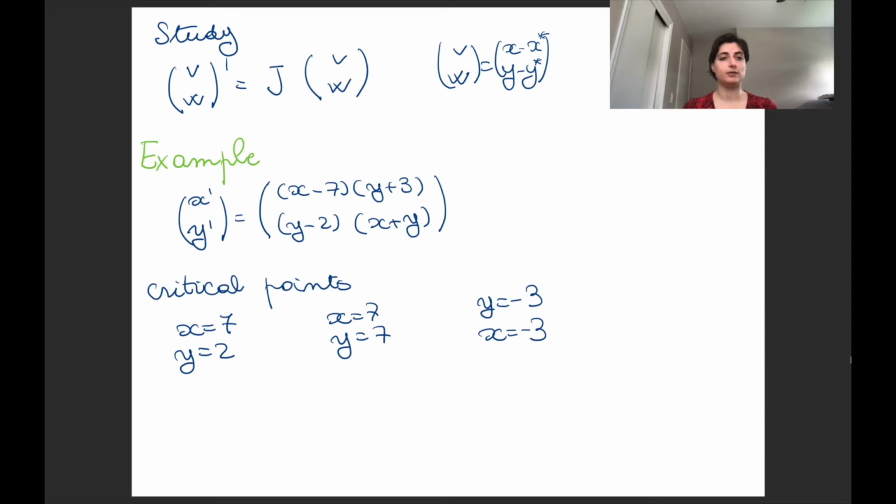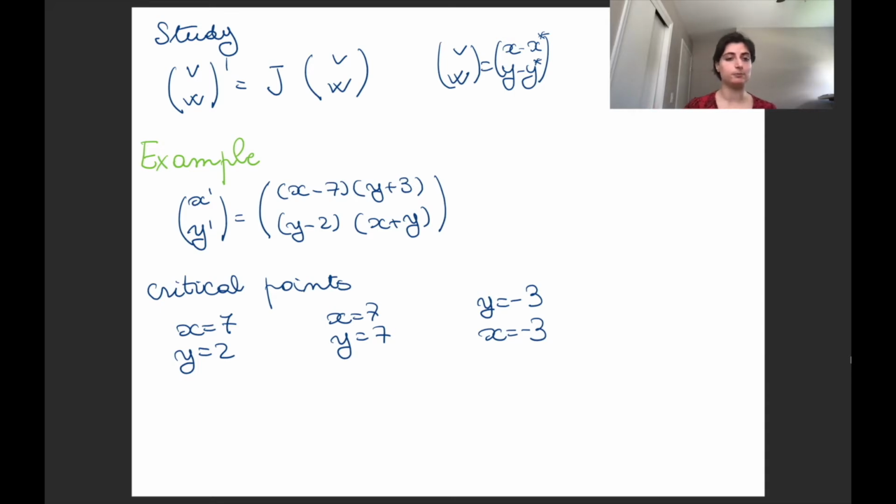We can now study the system (V, W) as a vector, prime equals the Jacobian computed at (x star, y star) multiplied by the vector (V, W), where we rewrite (x minus x star, y minus y star) as (V, W).